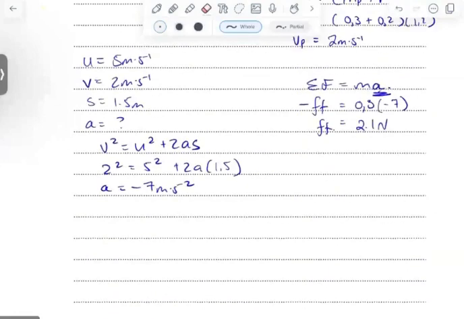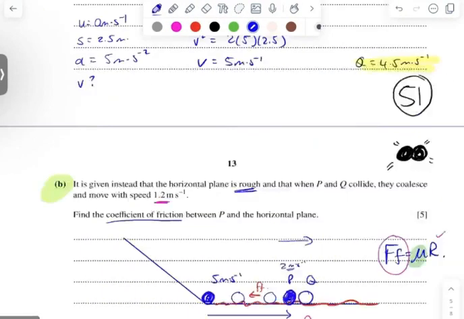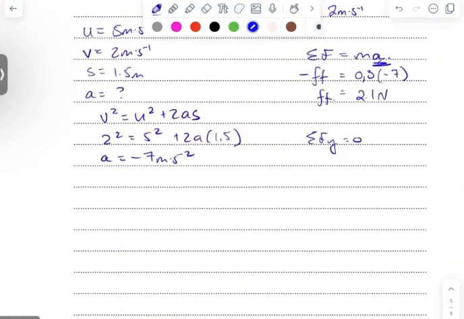Let's just work out our R. The sum of my forces in the y direction is going to be 0. And the only thing is the weight acting down. So my 0.3 times gravity of 10.